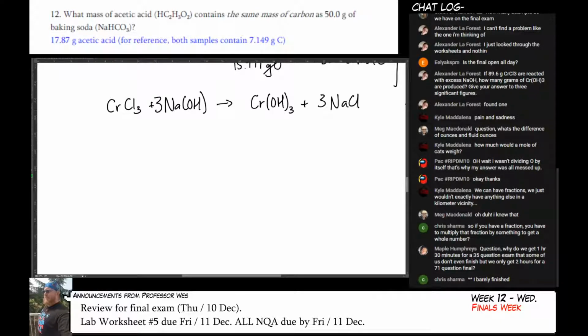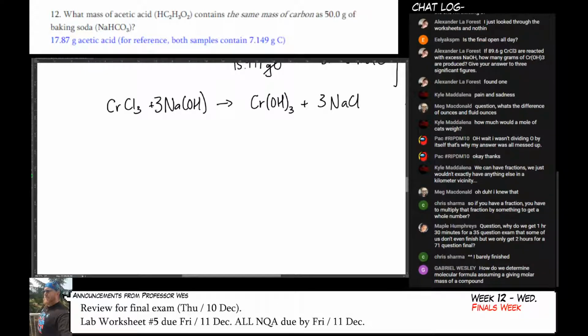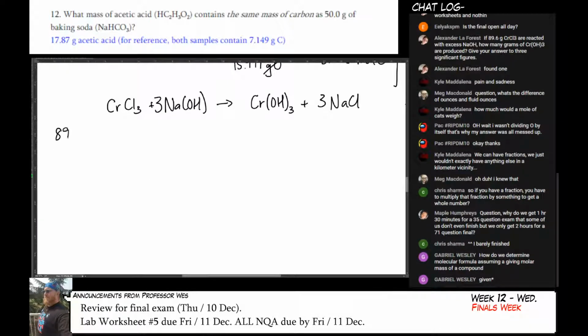There we go. And then where's my numbers? There we go. 89.6 grams of CrCl3 with excess NaOH, so I don't need to worry about that. How many grams of CrOH3 are produced? So this is your classic grams to moles to grams problem.